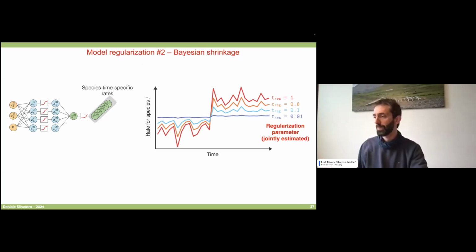around their mean. And this is very important because essentially, if we run this analysis on data sets where there is no rate variation, despite the fact that we have all of these parameters, we will estimate this parameter to be really close to 0, and our resulting rates will be essentially constant. So we regularize the model and avoid overfitting.